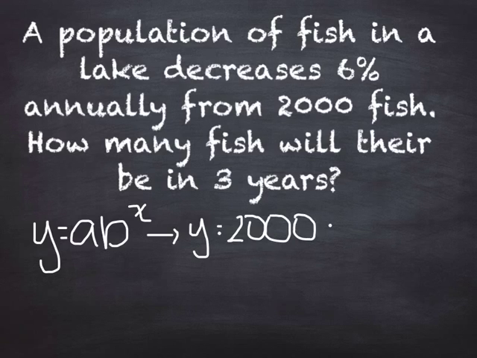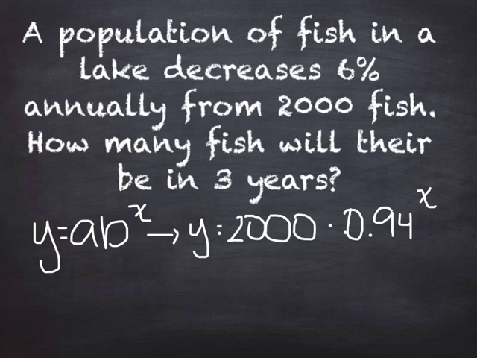Times b, it says it decreases by 6% annually. So instead of 100%, it's going to go down. So the next year, it will only be 94%. So I'm going to say times 0.94, that's 94% written as a decimal, raised to the x power, where x is the amount of time.